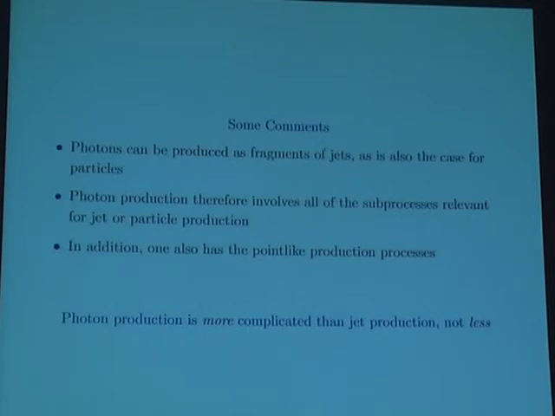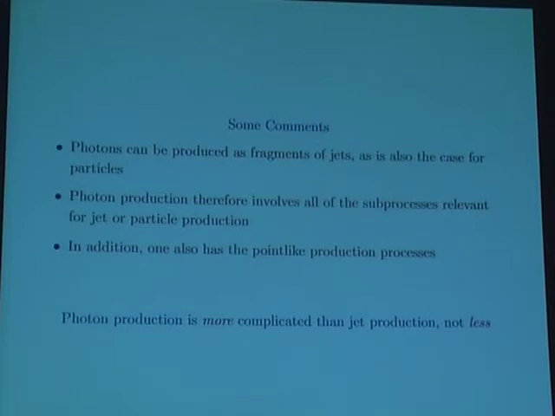Okay, a couple of comments here. So we can produce the photons as fragments of jets. The jets are produced by all the usual subprocesses that we'd be thinking of. So therefore, the production of photons is every bit as complicated as the production of jets, with some additional terms thrown in.